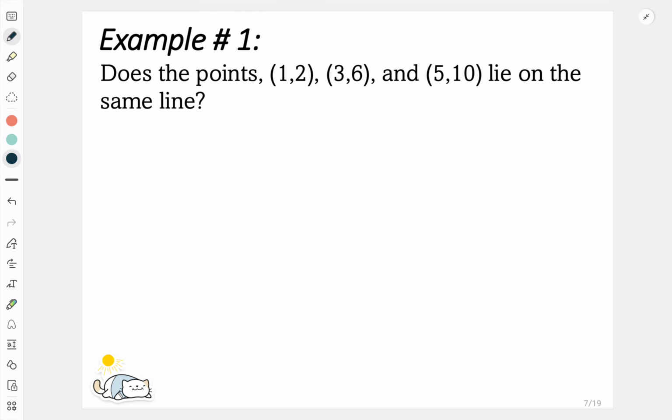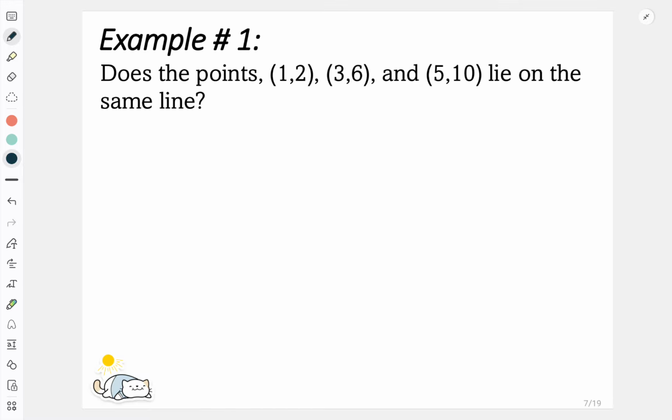Technically, if they are the same, meaning if I'm going to choose the last pair, it will also be the same as the first two. Or sometimes, if it's not collinear, if the first two pairs are not the same, then automatically they are not collinear. Okay, so let's do this.